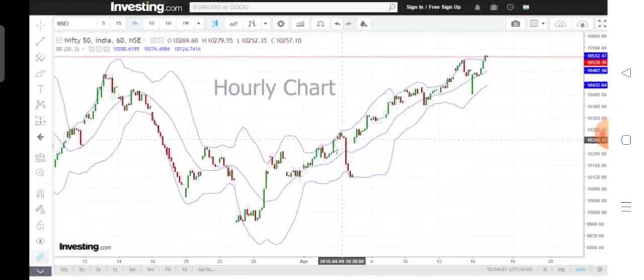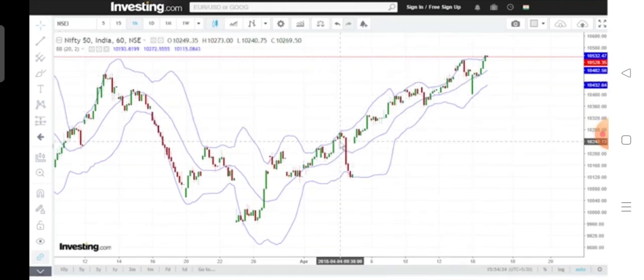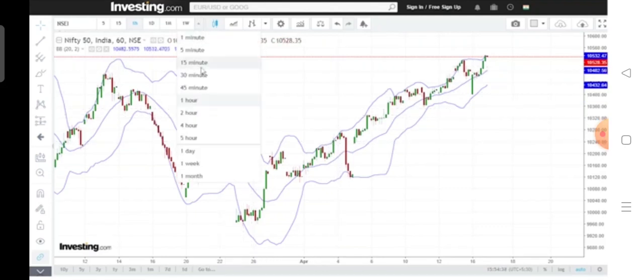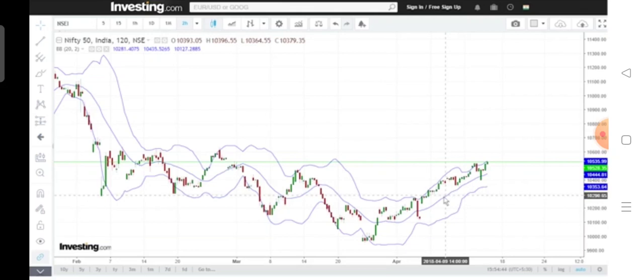And in the hourly chart, you can see how the hourly mid Bollinger line is acting as a support for multiple number of times. So that is the importance. So we can go to a 2-hourly chart. Let me go there and see, the 2-hourly mid Bollinger is giving a better sense of this move, because the support is near the 2-hourly mid Bollinger.